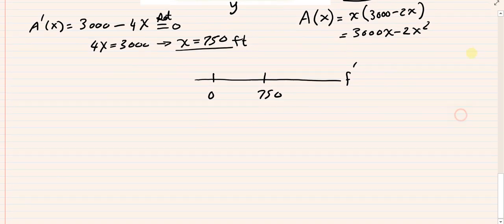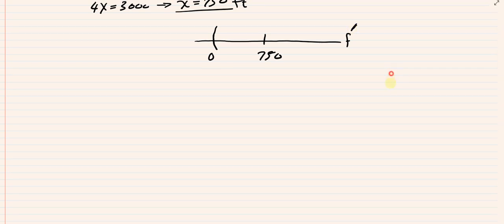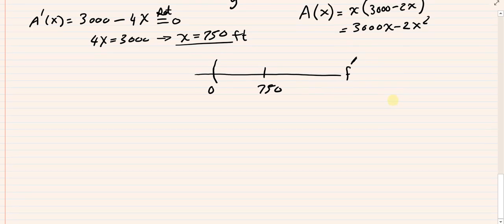We can't have negative x values, so we're only focused on positive x values. Now 750 is the only critical number here. So if that becomes an extremum, then it's going to be a global or absolute max or minimum.